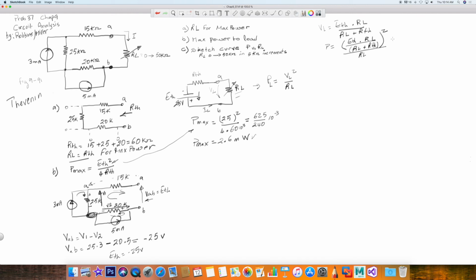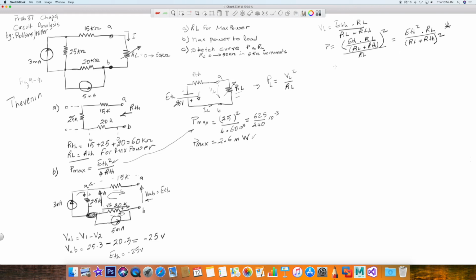And let's see what that leads to. So that would be ETH squared times RL divided by RL plus RTH, squared. Perfect. So now we've got the equation that we could use to plot.